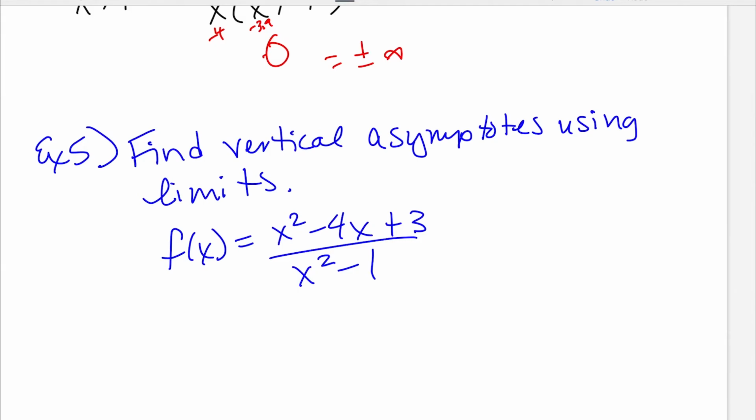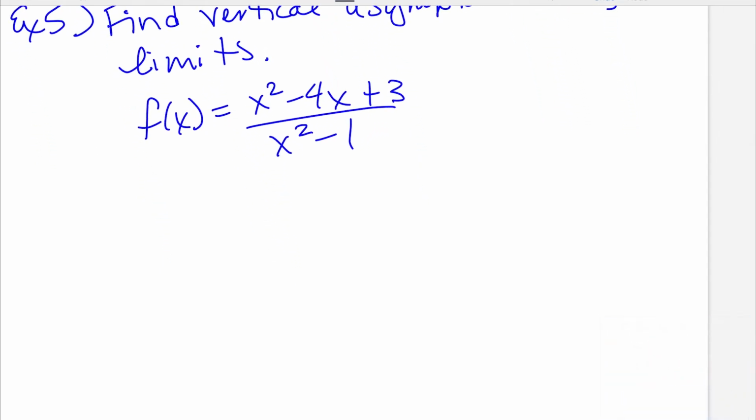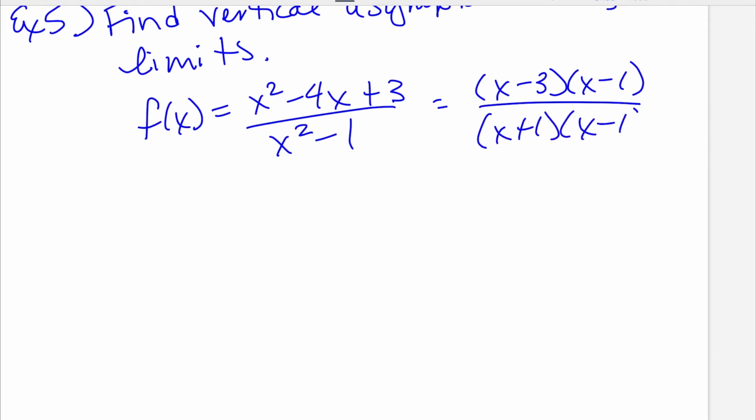Now, you're still going back to your algebra, right? You're still going back and saying, okay, if this is a rational function, then I'm going to factor this. So I look and figure out, what am I even going to think is an asymptote? That's what we want to go for here. All right. This is x minus 3, x minus 1 over x plus 1, x minus 1.